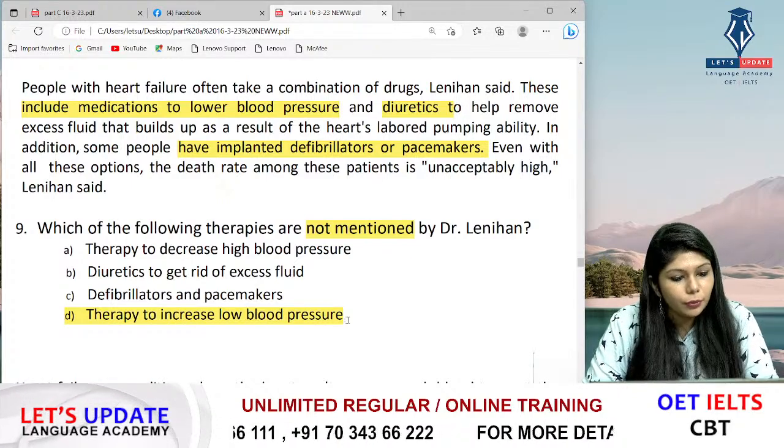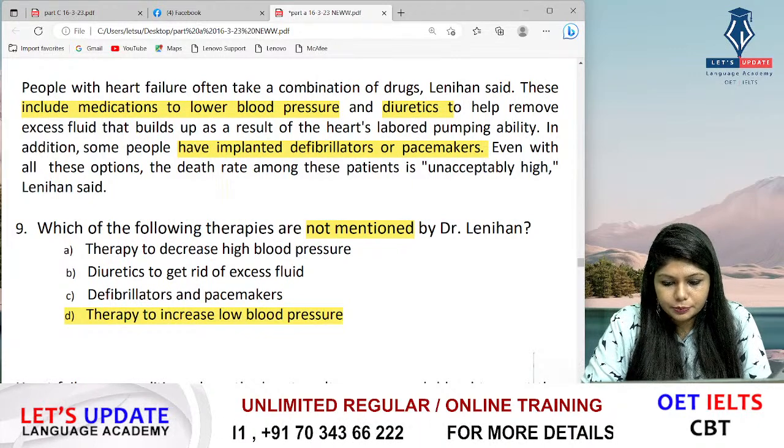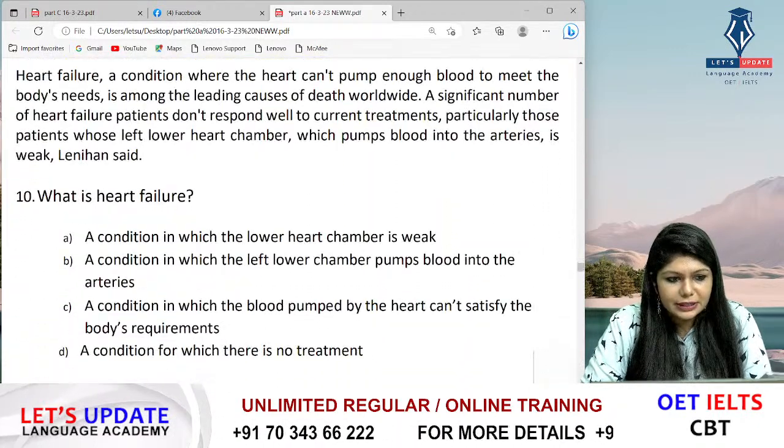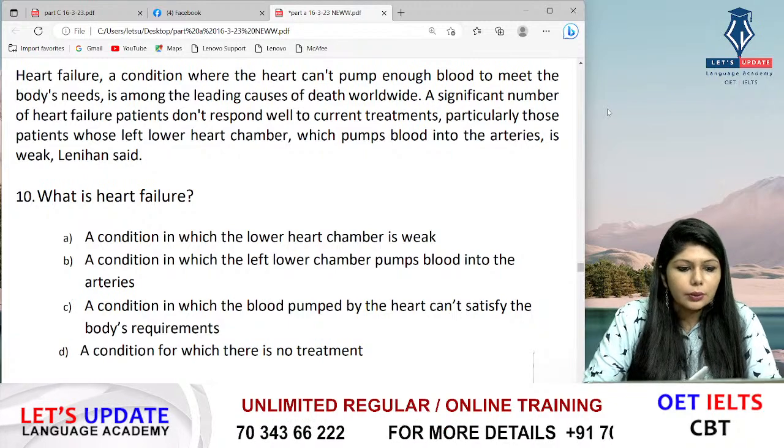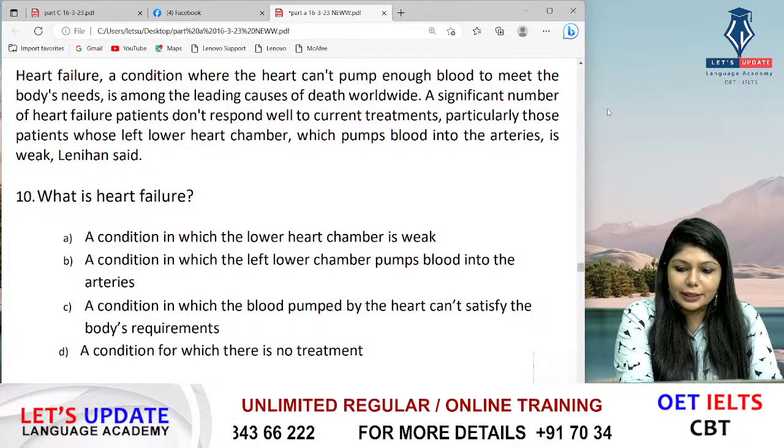Okay, so now moving to the next question. Question number 10. What is heart failure? Here's a paragraph.